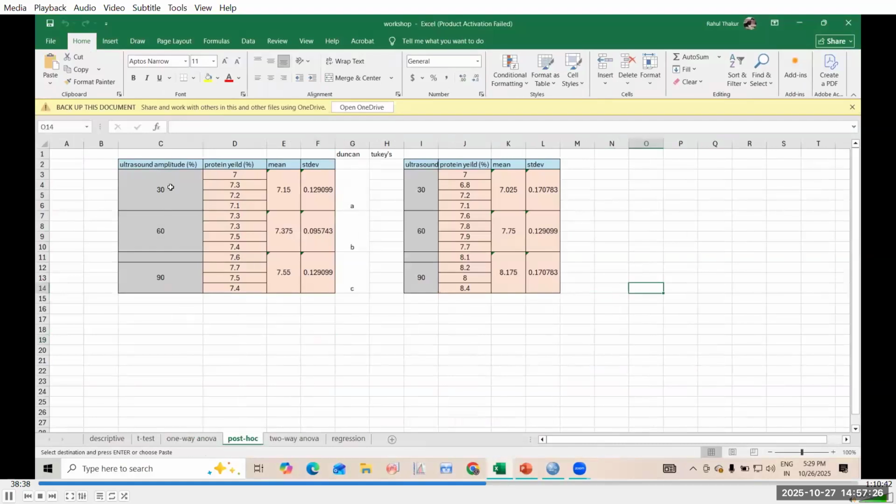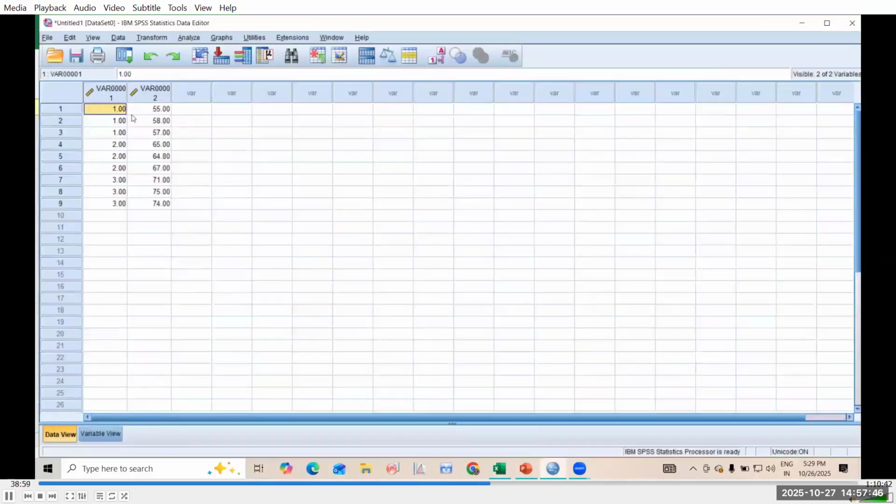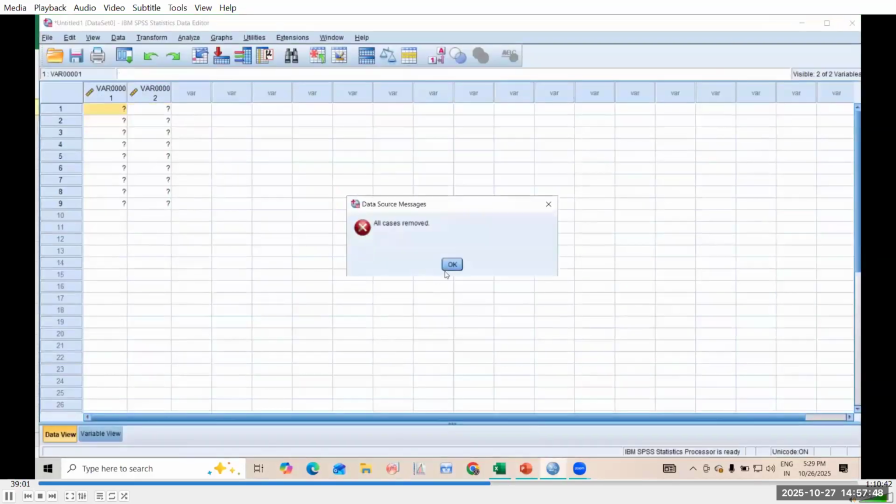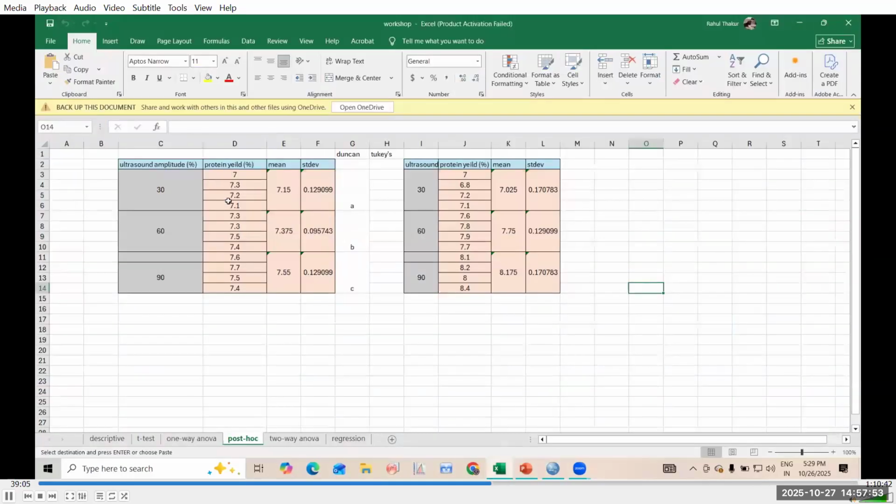Okay, here we have three different ultrasound amplitudes, and this is the different protein yield at each amplitude. We'll see in both tests, Duncan post-hoc test and Tukey's, whether it is different or not. Okay, first we'll clear the columns. There are 4 replicate measurements of protein yield at each amplitude.